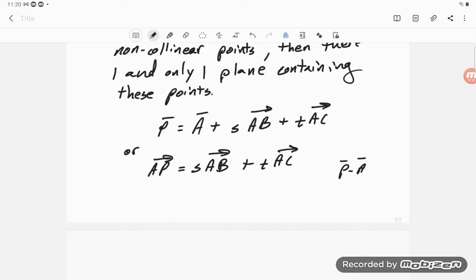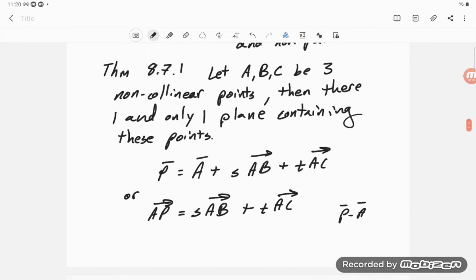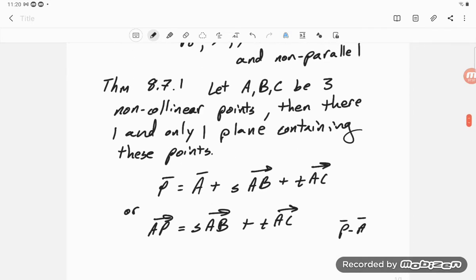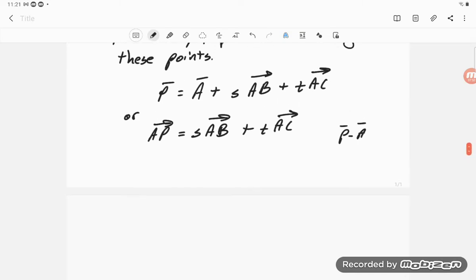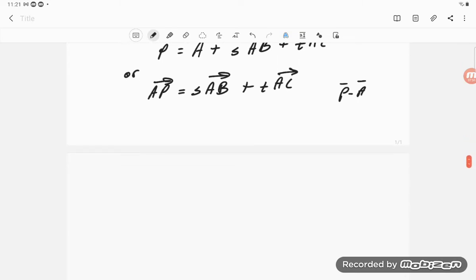Now, for a proof here, we've got two things. We've got existence and uniqueness. Now the existence part is pretty simple. For the existence part, we'll let S equal 0, T equal 0.